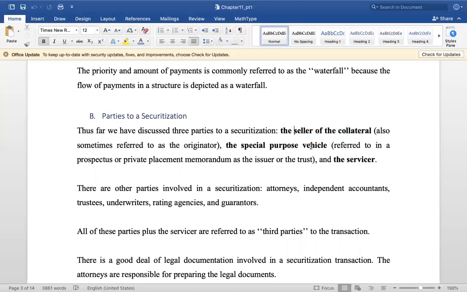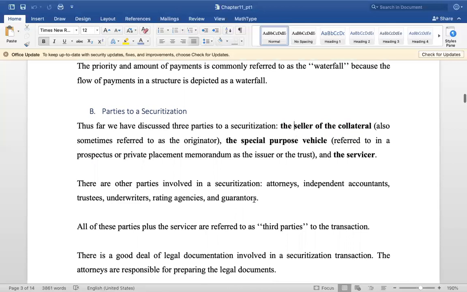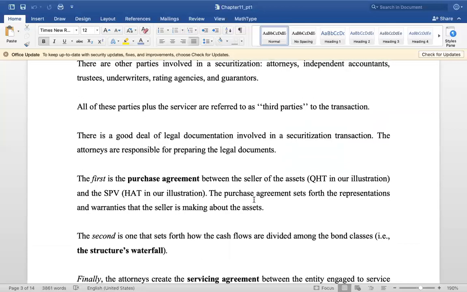There are other parties involved in securitization, which are attorney, independent accountant, trustees, underwriters, rating agencies, and guarantors. And all of them have a different role. Because there is a good length of legal documentation involved, you can say there is a purchase agreement between QHT and the SPV.